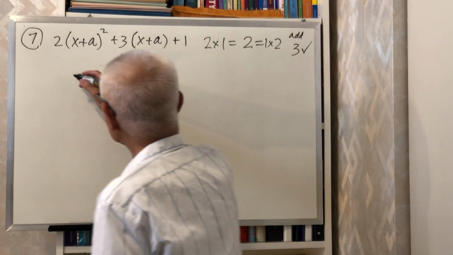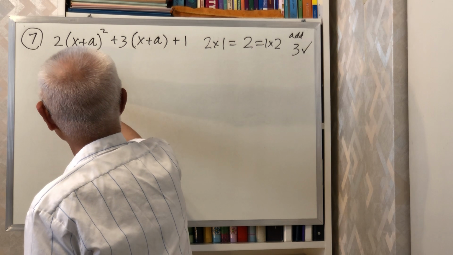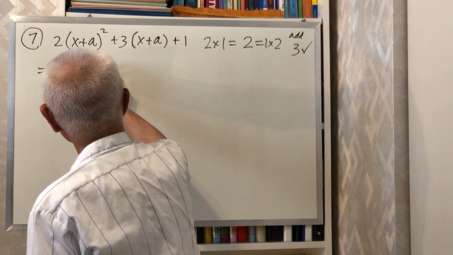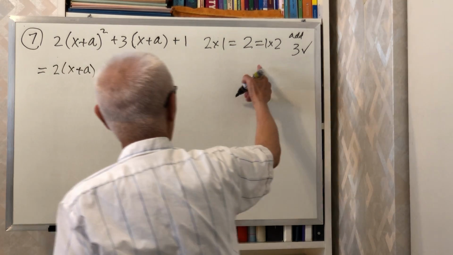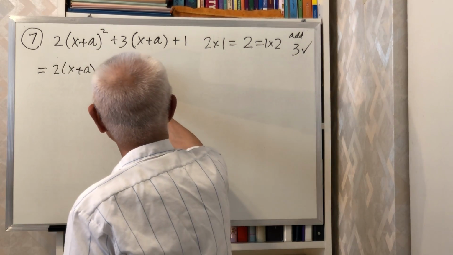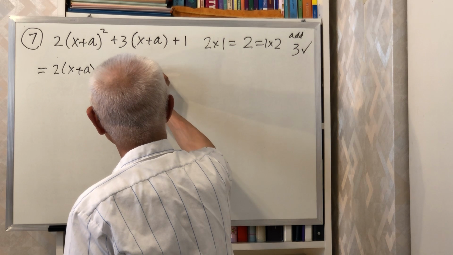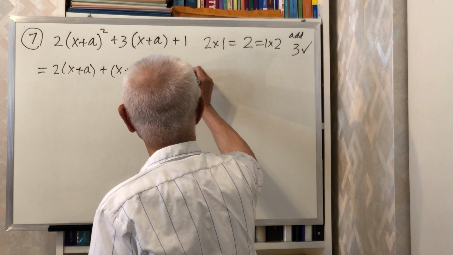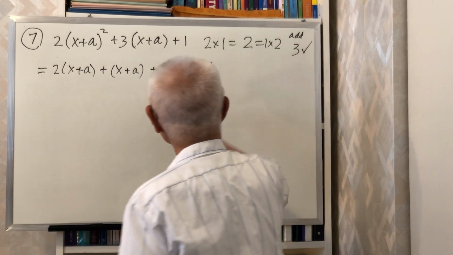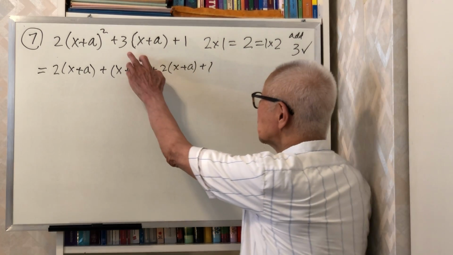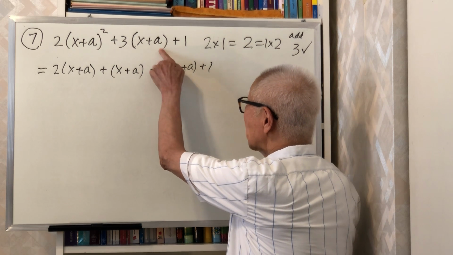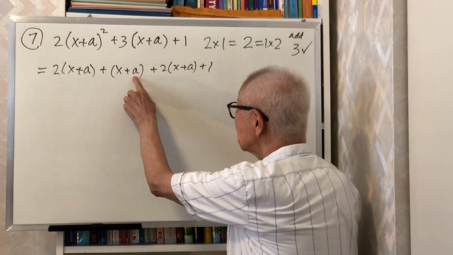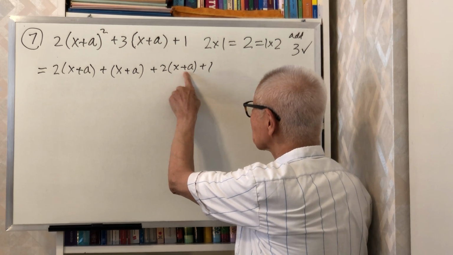So I break this into 1 and 2. Three times x plus a is 1 times x plus a plus 2 times x plus a.